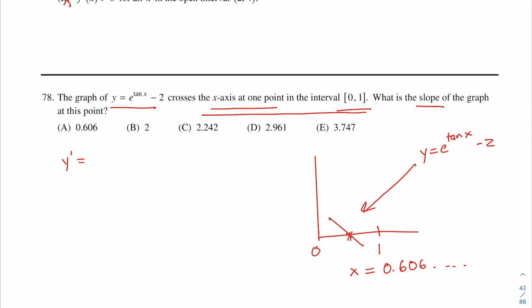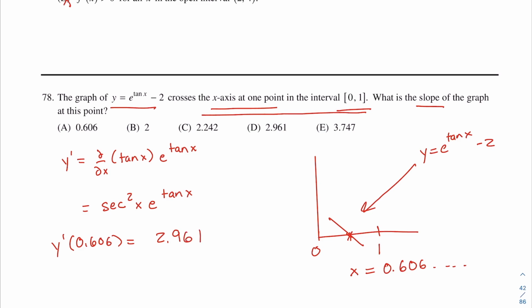So this will become the derivative d dx of tangent of x times e to the tangent of x. And then this just happens to be secant squared x e to the tan x, and we just have to plug in our value of 0.606 into this equation, and when we do that, we'll get the value of 2.961, which matches up with D. So the answer here is D.